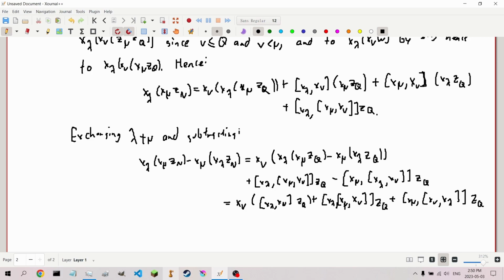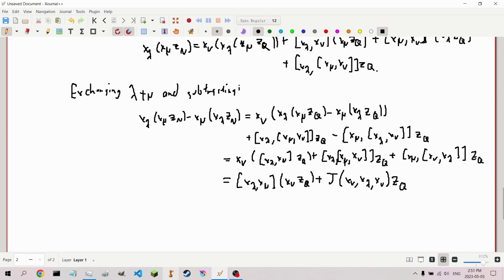and this all crunches down kind of into the bracket of x lambda x mu of the product x nu and zq, plus what I'm going to write as the Jacobi triple of x lambda x mu x nu times zq, capital Q of course, and so that is going to disappear on the right.